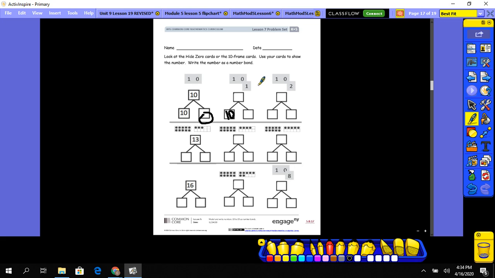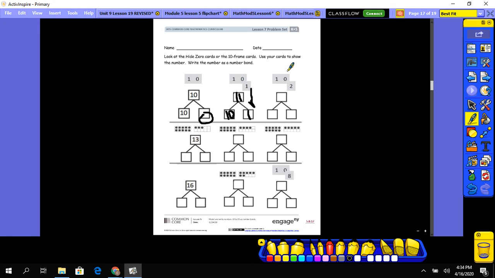How many are left over? 1. So my 1 goes to the other part. Now I have to think, how do I make the teenage number? Hide the 0. My teenage number is 11. Great job.